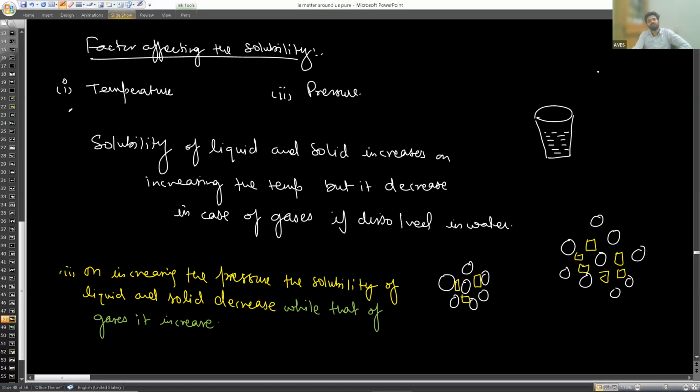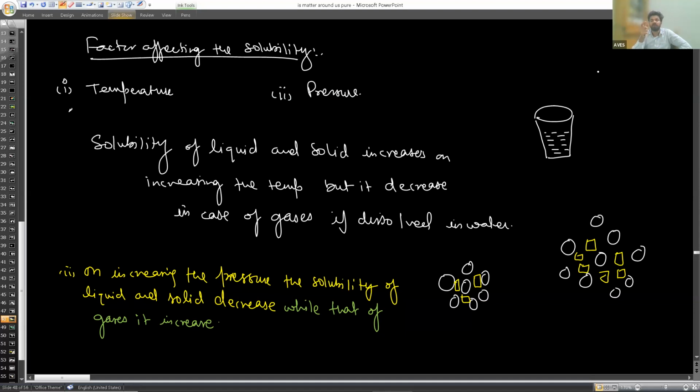Secondly, you have also noticed that cold drinks, which are carbonated drinks, hold much more gas. The carbon dioxide is able to dissolve easily in cold water rather than hot water, because gases dissolve more easily in cold water.